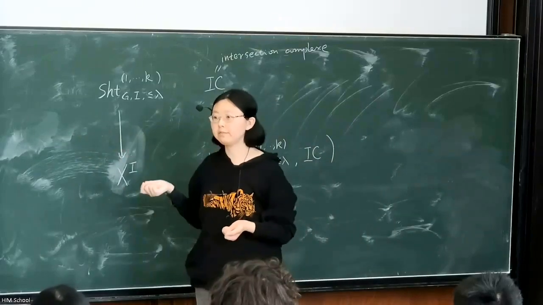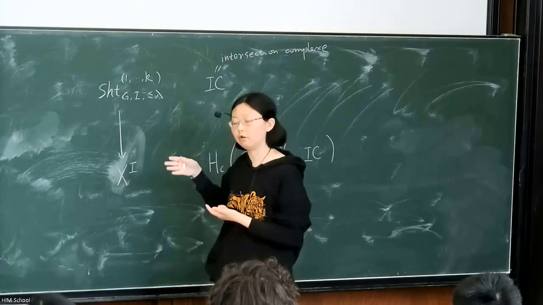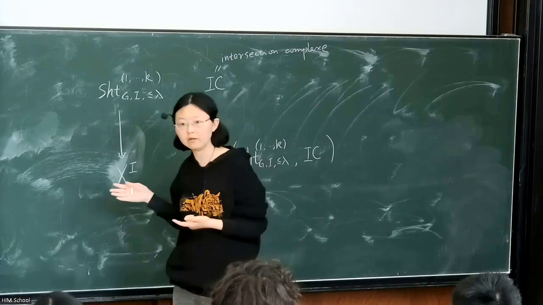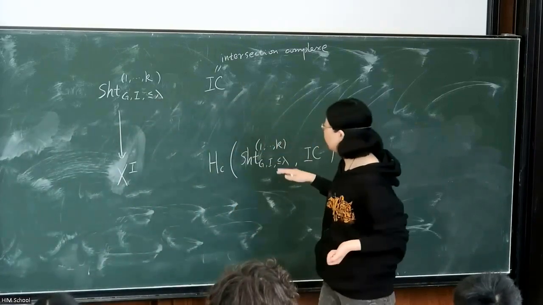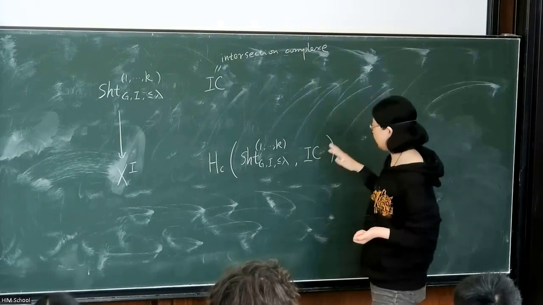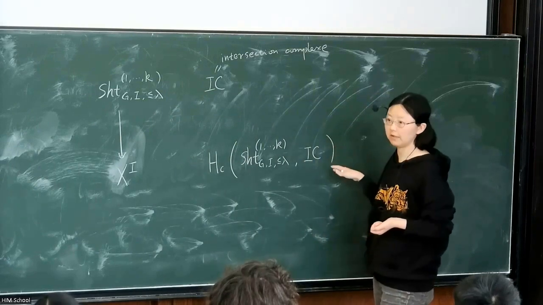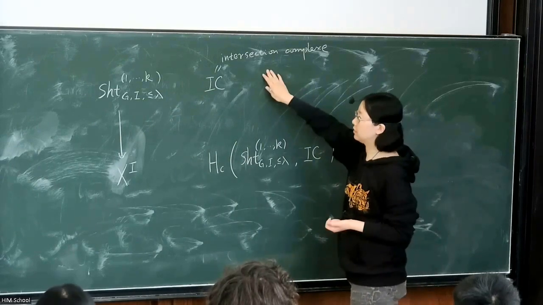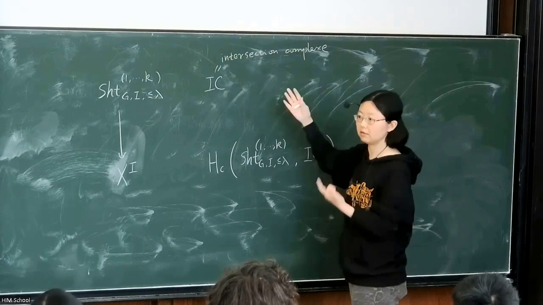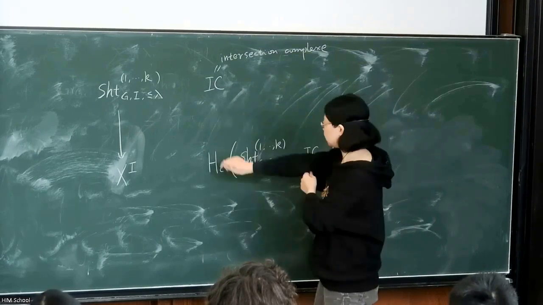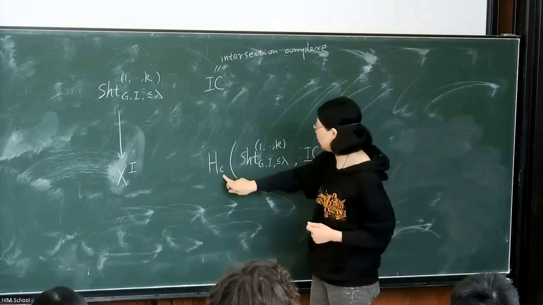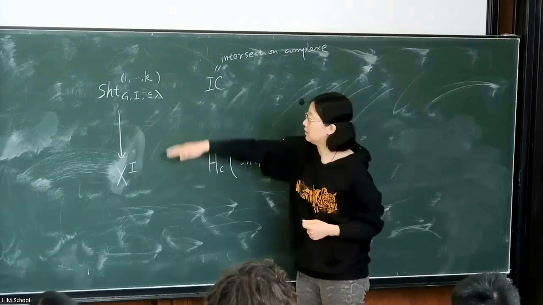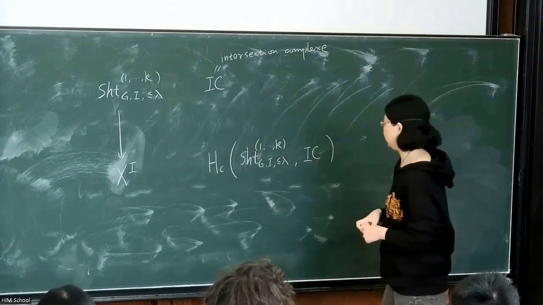So in Drinfeld's paper, he used cohomology with coefficient in QL because his stack is smooth. And in general, we have to consider cohomology with coefficient in the intersection complex. It's what we use to study non-smooth varieties. And we consider cohomology with compact support, which is a direct image of this IC sheaf.